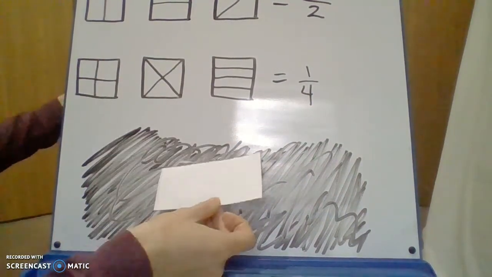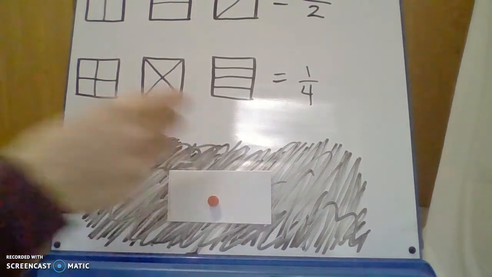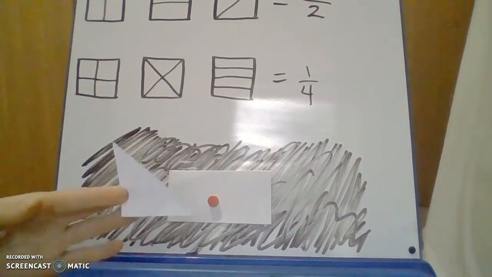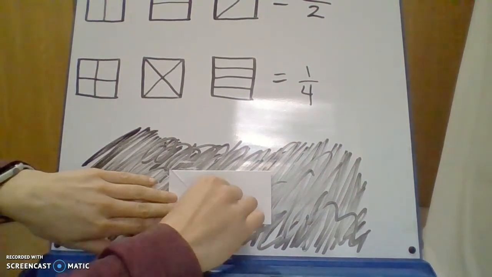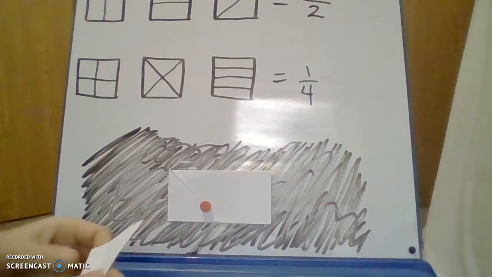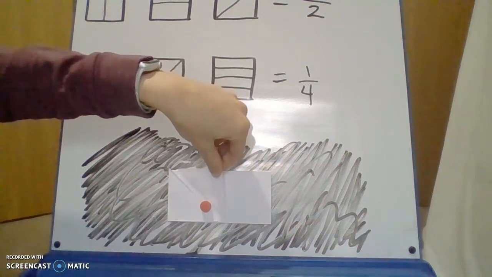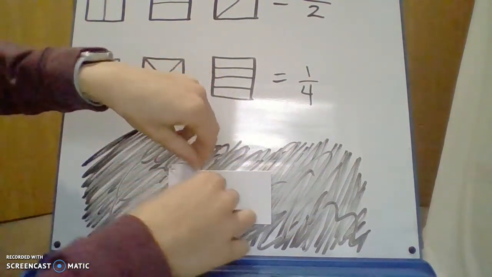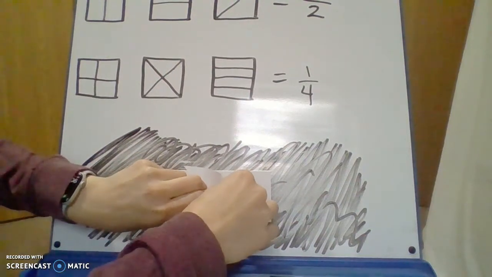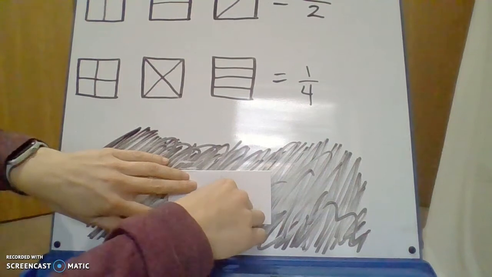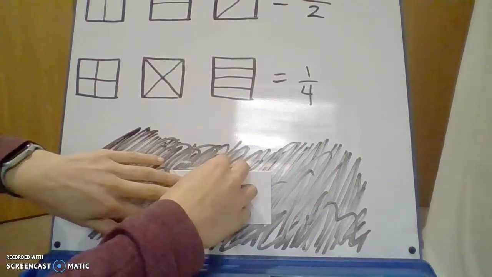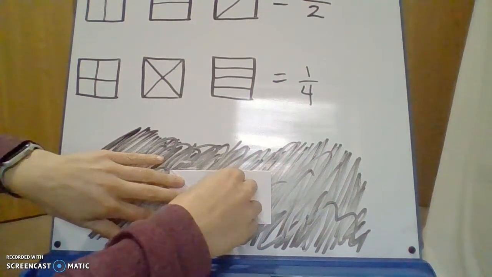Okay, so I take my piece of the triangle, and I'm going to put it here. Another piece of the triangle, I'm going to put it here. Now I'm just trying my best to line them up, and they are actually very lined up.